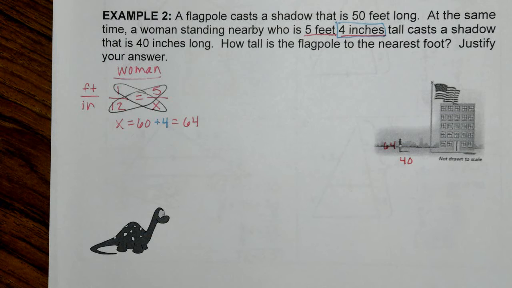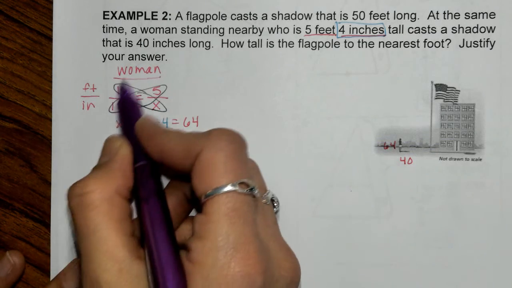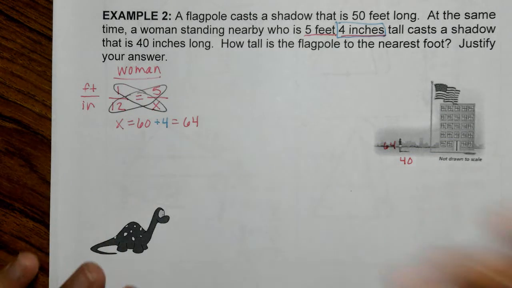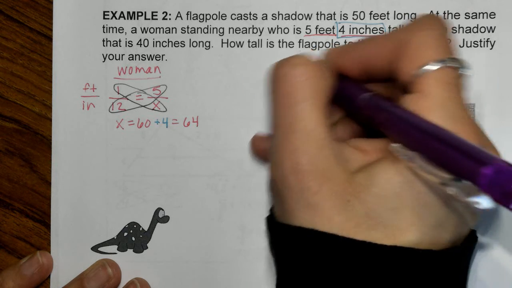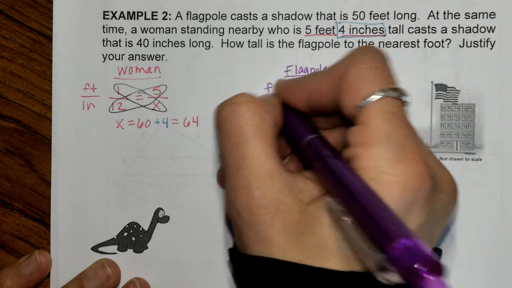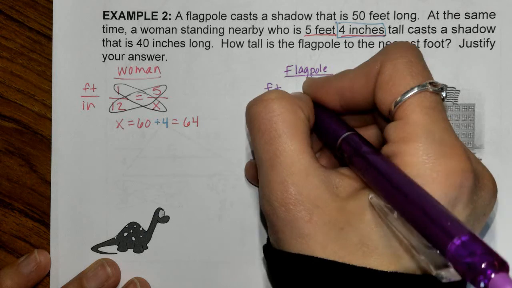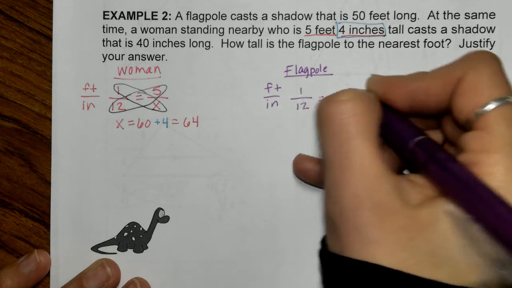Now the flagpole's shadow is 50 feet long. So we now need to do the same thing we did over here with the woman's conversion, and convert the flagpole. So we have feet to inches, and again 1 foot is 12 inches.